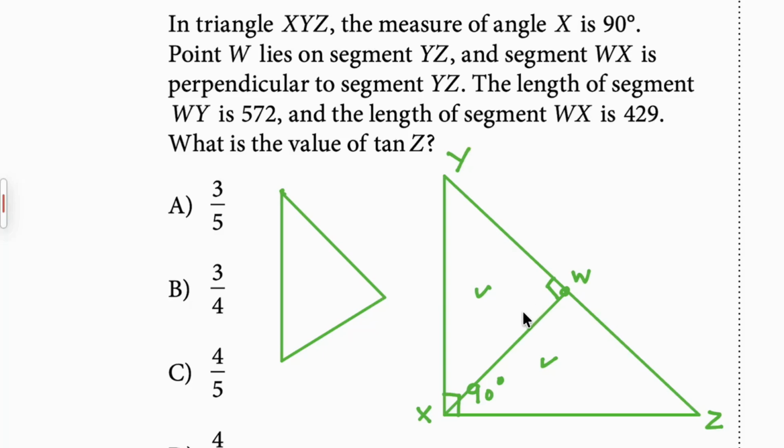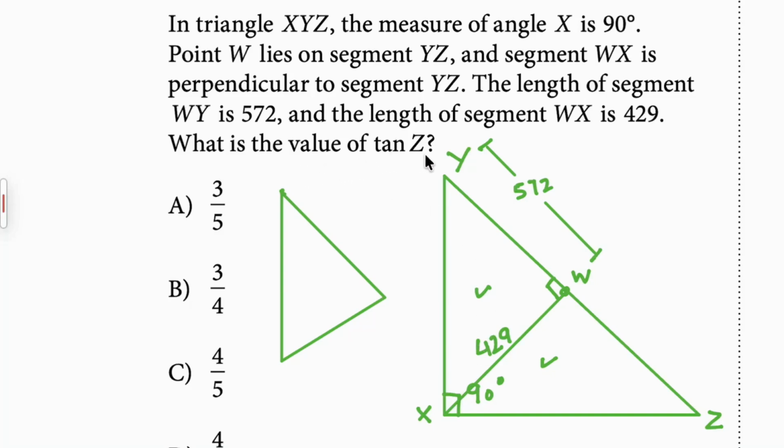Let's see what we can do from these. The length of the segment YW is 572. YW, from here to here, this is 572. And the length of the segment WX, this middle one, is 429. Okay.